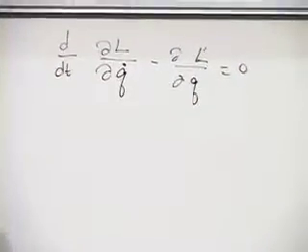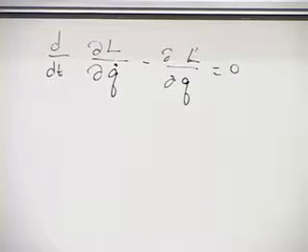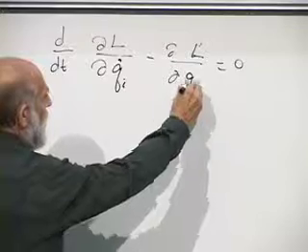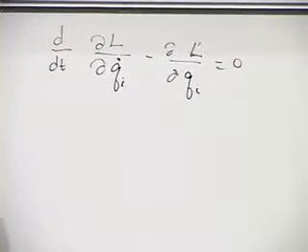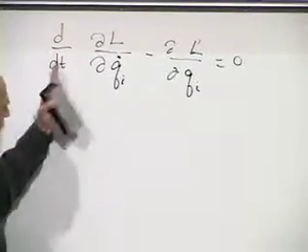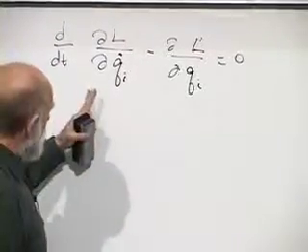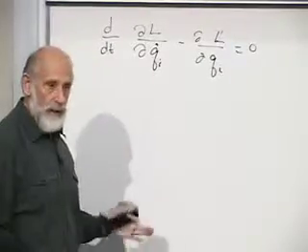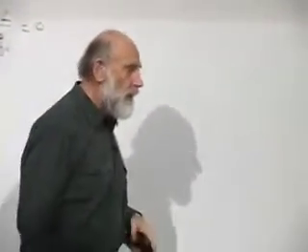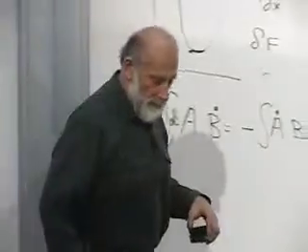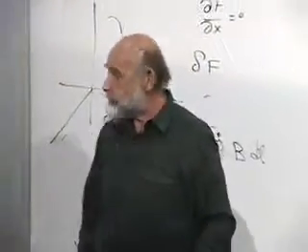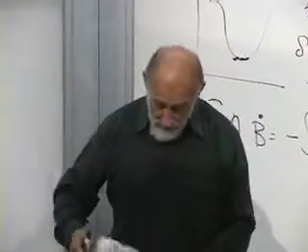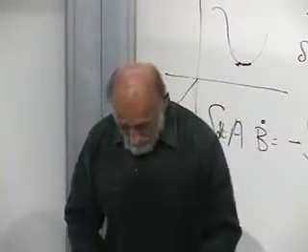But if there are many coordinates, or more than one, then we'll want to put an i there. And so for each coordinate, x, y, z, different particles, there will be an Euler-Lagrange equation, which is essentially of the form of Newton's equations for each component of the configuration space. So we've been through that. I assume that you have that in your notes. That's the derivation of Euler-Lagrange, and it's the basic equation of Lagrangian mechanics.